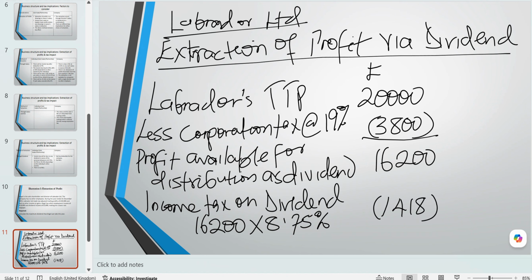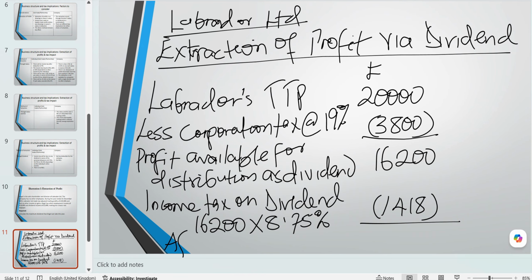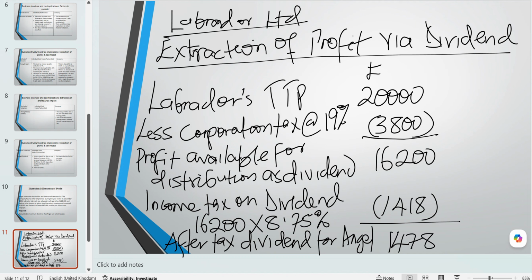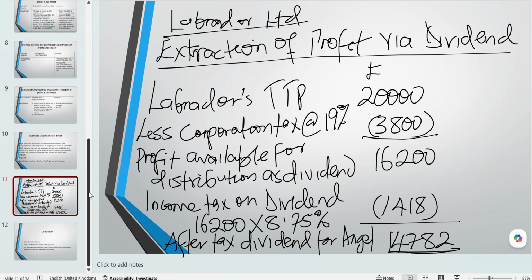And then the after-tax dividend kept for Angel will be the difference between 16,200 and 1,418, which is 14,782. So check the calculation yourself as well. So this is what she can extract from the business.